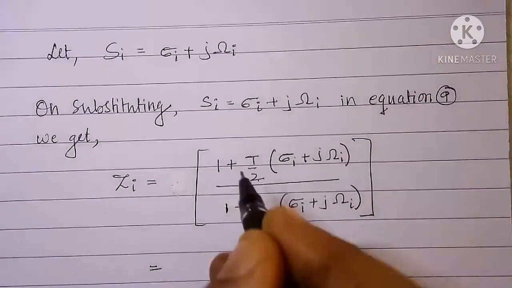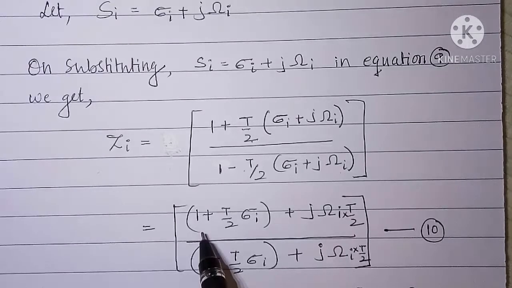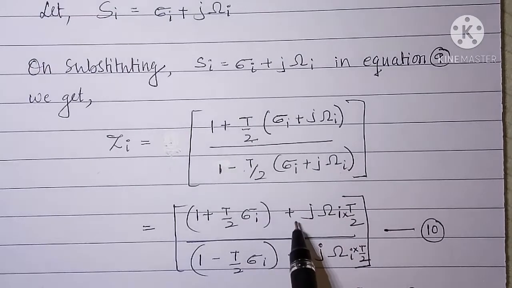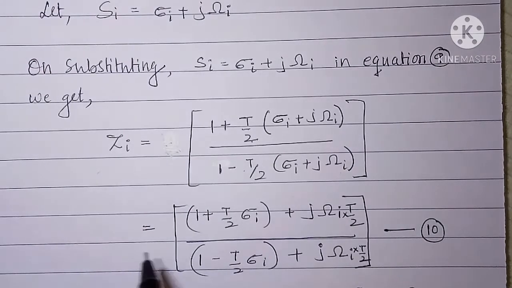We can separate here real terms and imaginary terms: (1 plus capital T by 2 sigma I plus j omega I into capital T by 2) divided by (1 minus capital T by 2 sigma I plus j omega I into capital T by 2).